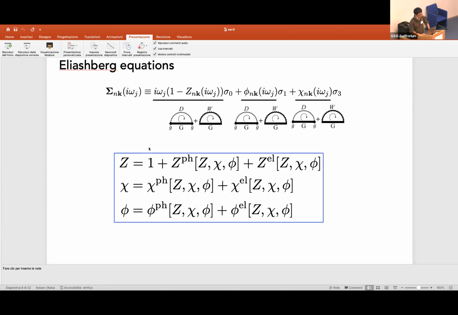And the Eliashberg equations are the self-consistent equations for those three components, Z, chi, phi. We start from this point. And usually the phononic contribution to the chi part is legitimately ignored because of the argument by Schrieffer that is based on approximate electron-hole symmetry.